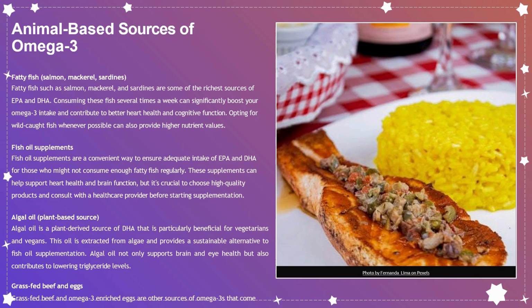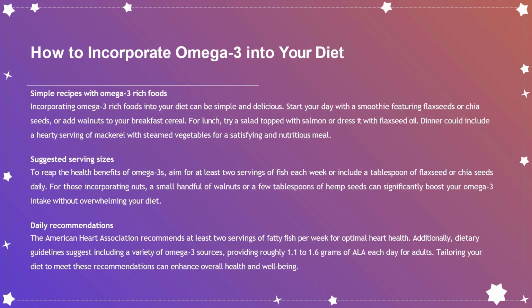Moving on to animal-based sources, fatty fish like salmon, mackerel, and sardines are exceptional sources of EPA and DHA. These fish not only provide omega-3 but are also rich in protein and other vitamins. For those who may not enjoy fish, fish oil supplements are popular alternatives.